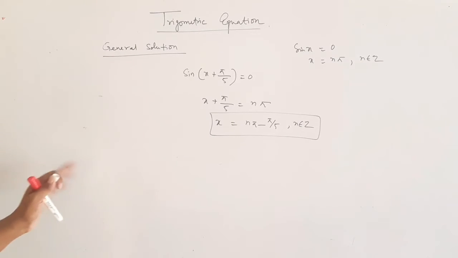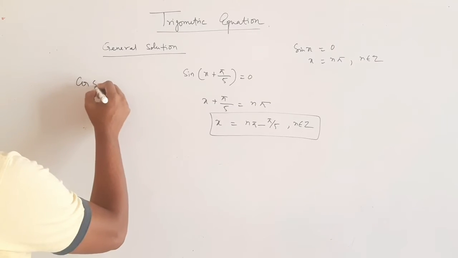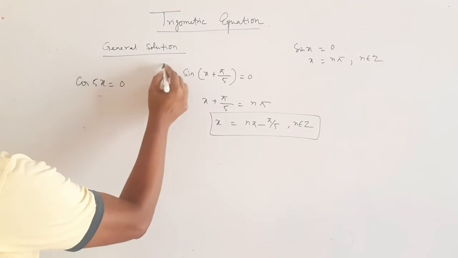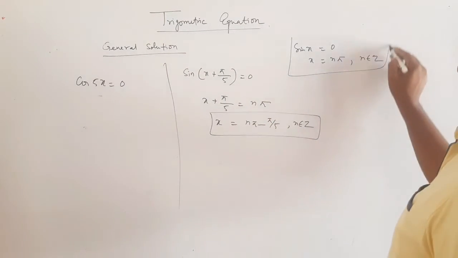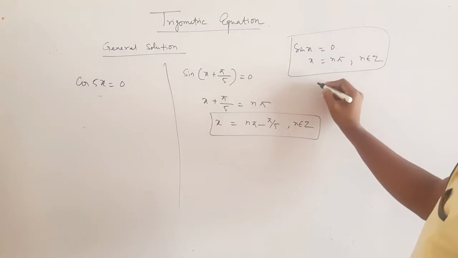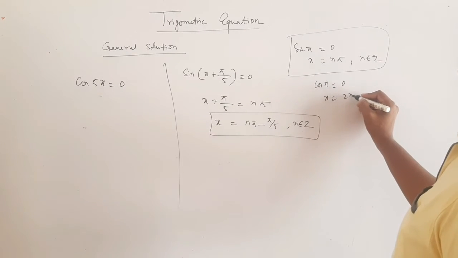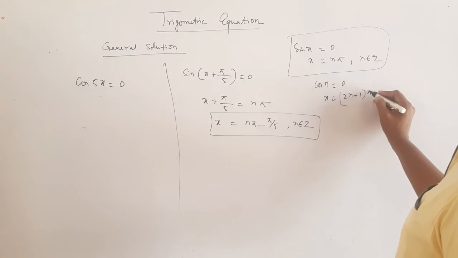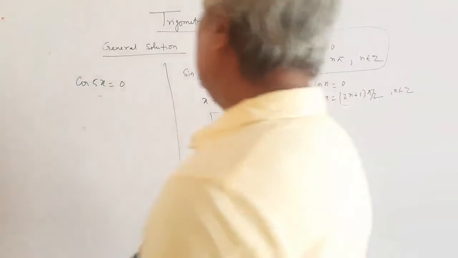Now I take another example where it says that cos 5x is 0. Now what about for the cos x is 0 form? Now this is the case number 1, if it's sin x is 0, then we have cos x is 0, therefore x is an odd multiple of pi by 2, that is 2n plus 1 pi by 2, and again n is an integer.